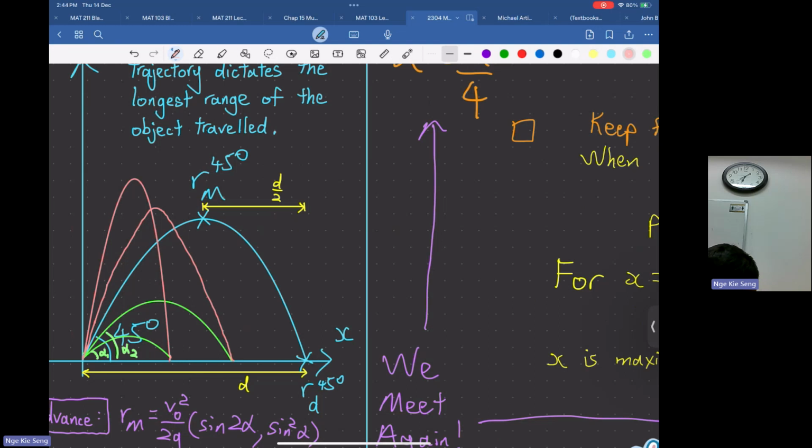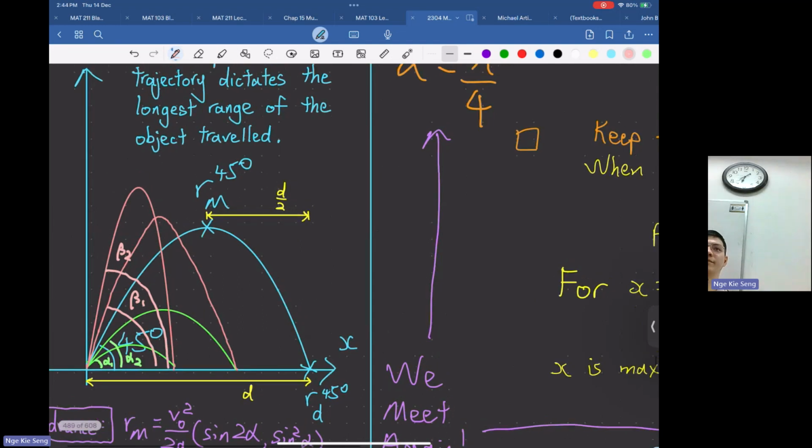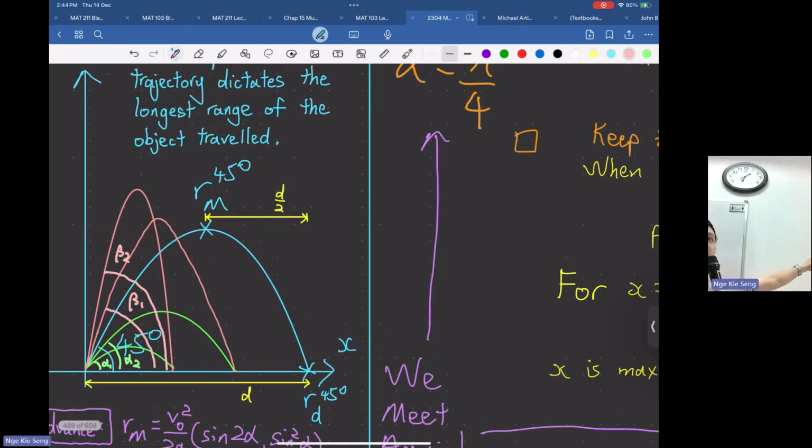Let's call the first red one beta 1, and the second one beta 2. You can see that beta 2 and alpha 1 have the same endpoint, although you throw at different angles. And beta 1 and alpha 2 have the same endpoint, although they are different angles.